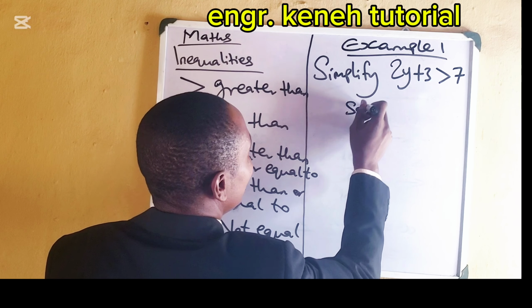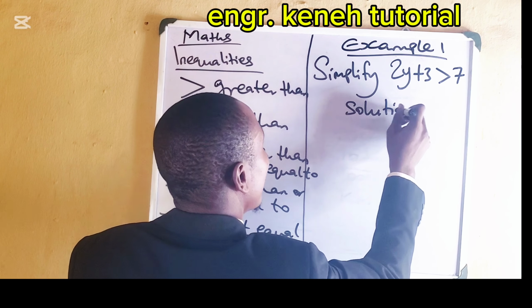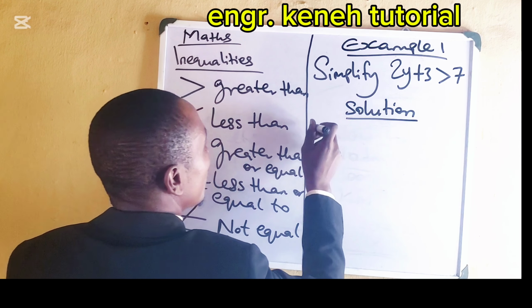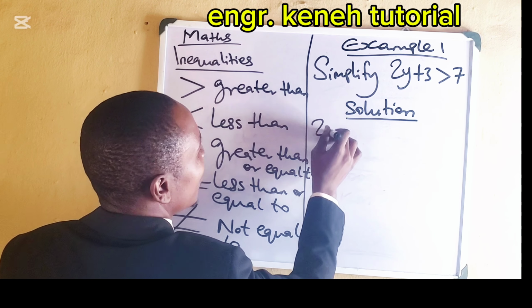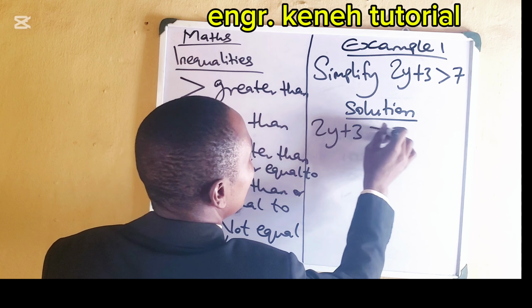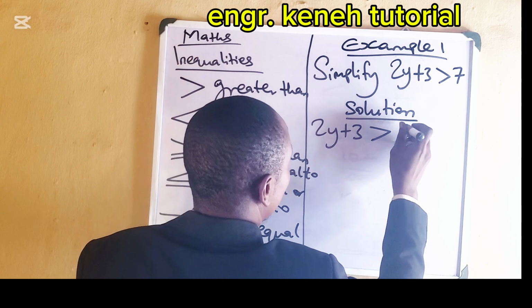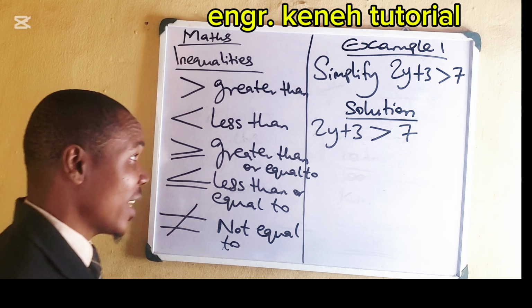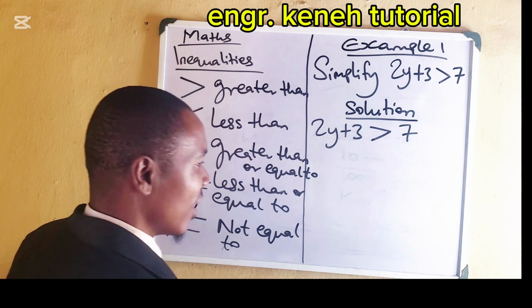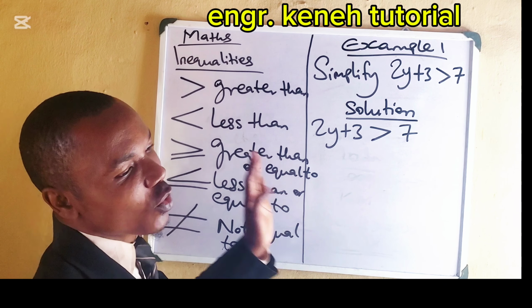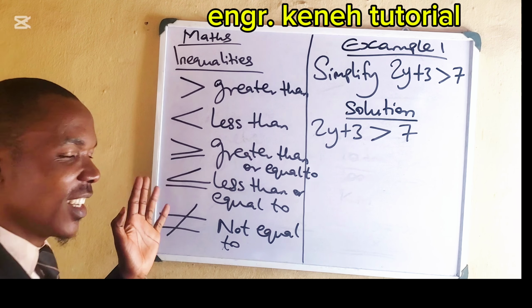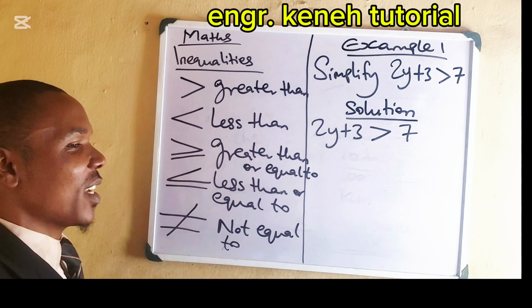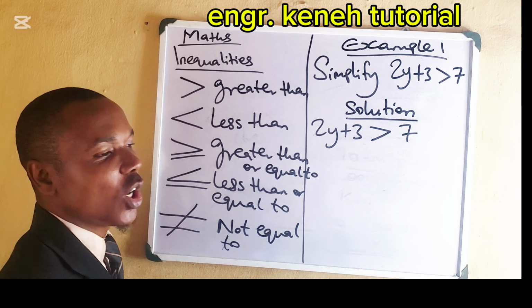We have the solution like this, just the way you solve your normal equation. But this one is inequality. So you have 2y plus 3 is greater, not less than, greater than 7. All right, what you do is that you collect like terms, but I prefer that the alphabet will be kept on the left hand side. Always keep your alphabet on the left hand side, then ordinary numbers on the right hand side.